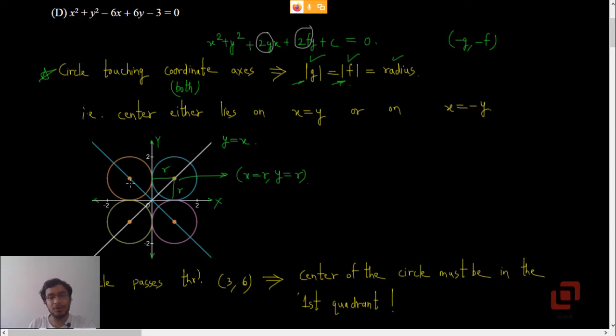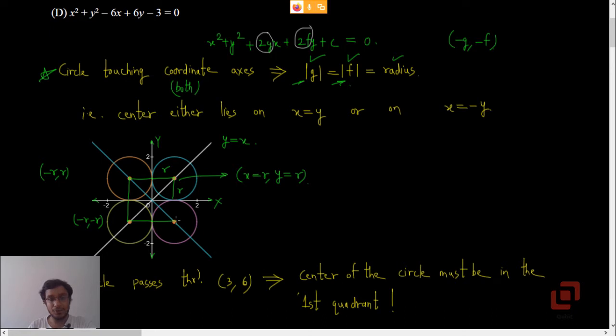Okay, so if such a circle exists in the second quadrant, then its x coordinate will be negative. Yes, but its y coordinate will be positive. So in such a case, the x coordinate will be equal to negative r, where r is the radius, and y coordinate will be equal to positive r. In the third quadrant, both coordinates are negative, so negative r comma negative r.